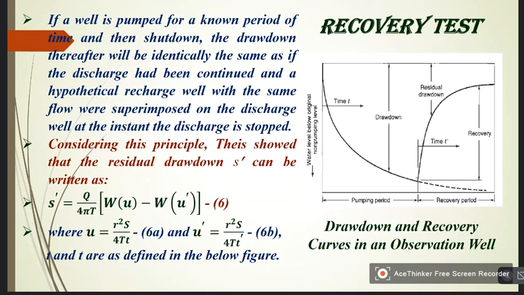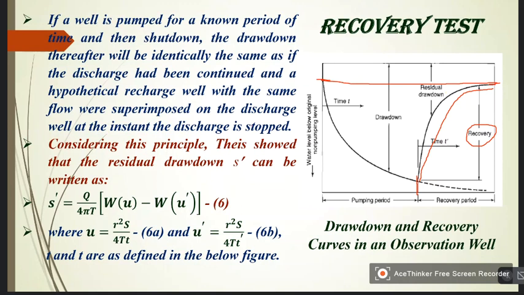Now what you do, you stop pumping here. When you stop pumping here, from this time onwards, there will be a rise in the water level. So this is what is called a recovery. So finally, if this is the final water level, it will reach there. It will reach the equilibrium level.